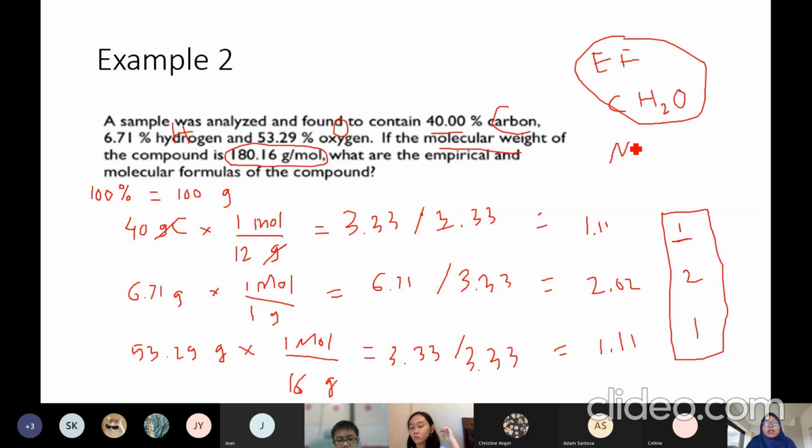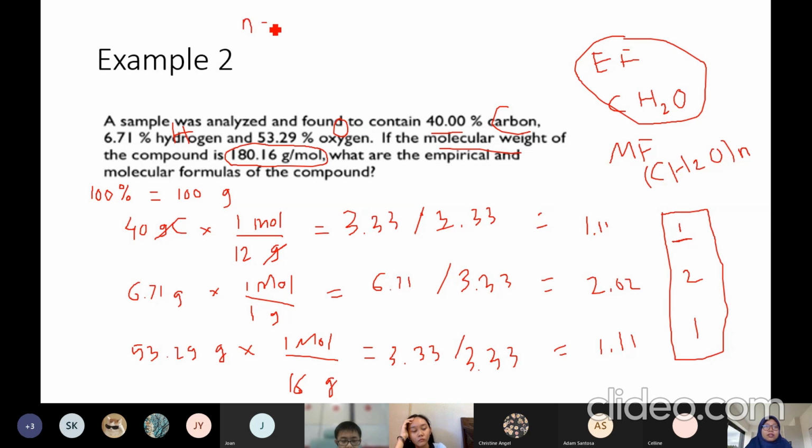And how about the molecular formula? The molecular formula is CH2O times N, we need to find N.